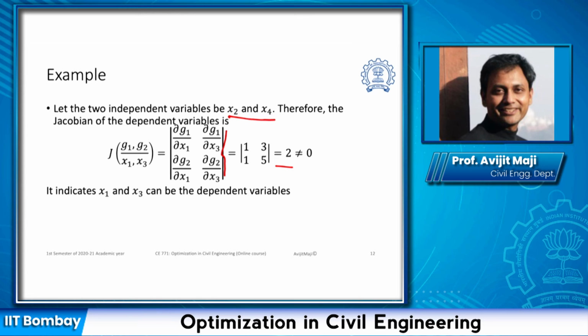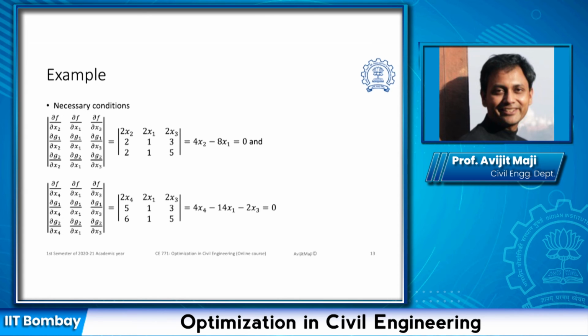So once we select our dependent and independent variables, we need to check the necessary condition. As per the necessary condition, we said that for each independent variable we'll have one matrix. In this case we had two independent variables, which are x2 and x4.